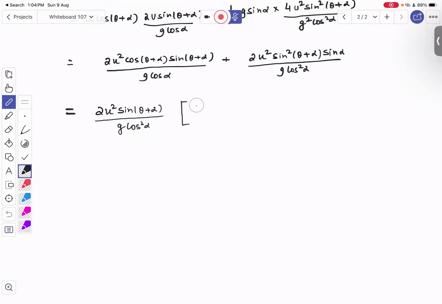The first term will become cos theta plus alpha, since I have taken common cos square alpha, I will keep one cos alpha in the numerator, plus sine theta plus alpha into sine alpha. And we see that thing fitting the formula of cos A cos B plus sine A sine B. That is the formula of cos A minus B, no?